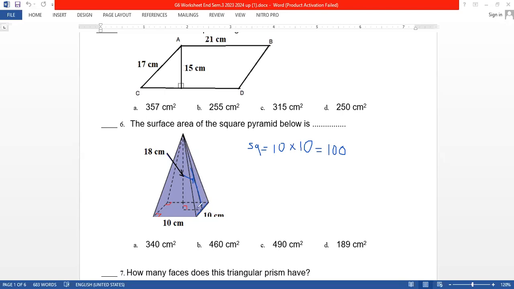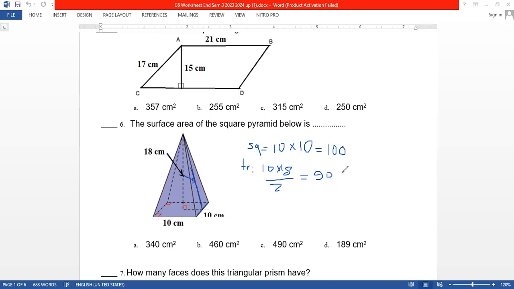So the area of one triangle: base, which is 10, multiplied by the height, which is 18, and times half, or divide by 2. 10 times 18, 180, divided by 2 equals 90. So the area of one triangle is 90.